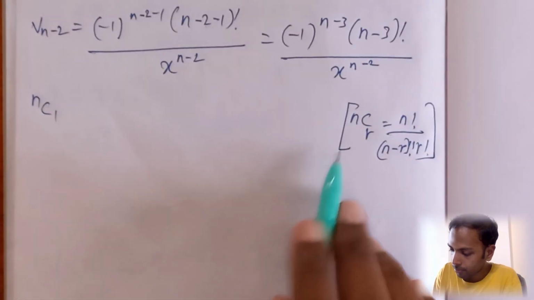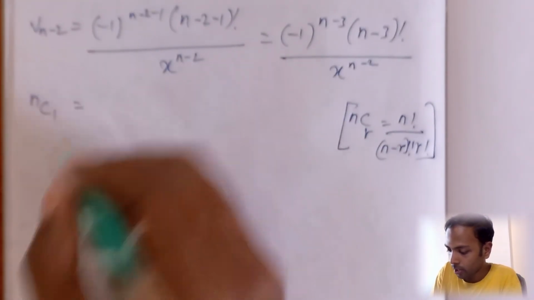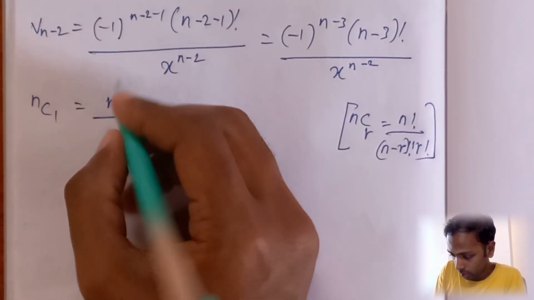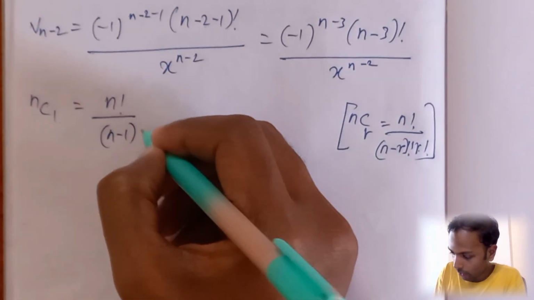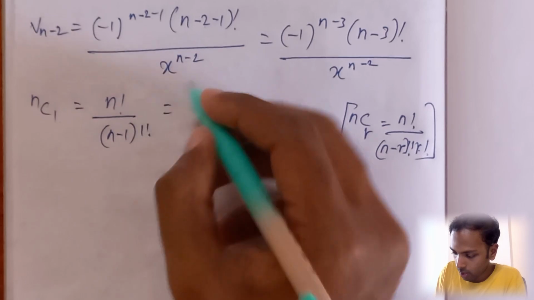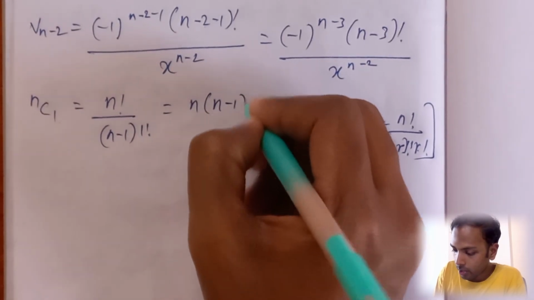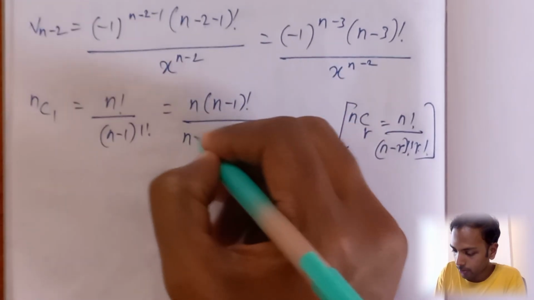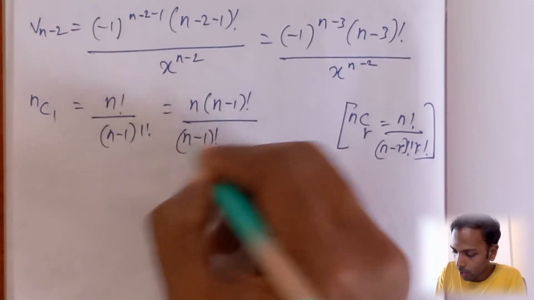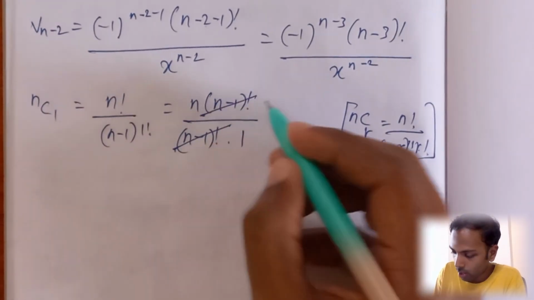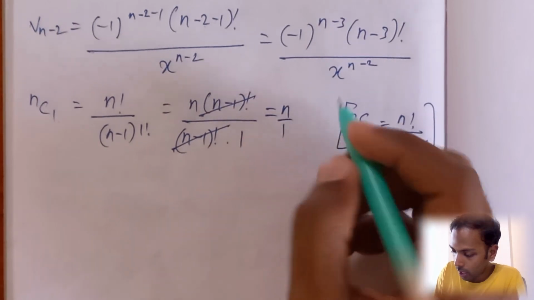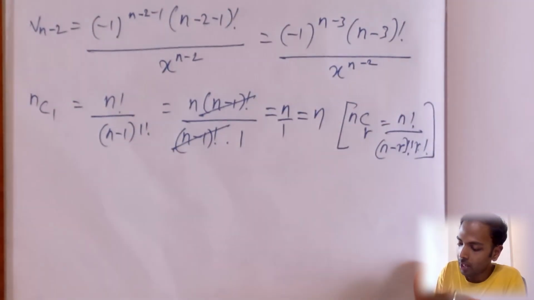In place of r, there is 1 here. So n factorial by (n−1) factorial into 1 factorial. I can write n factorial as n into (n−1) factorial, and in the denominator I have another (n−1) factorial, and 1 factorial is just 1. So both will cancel and n will be remaining, which is nothing but n itself.